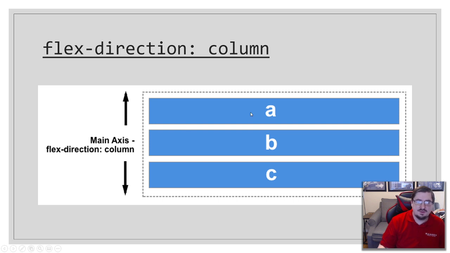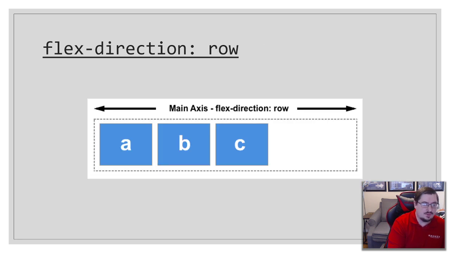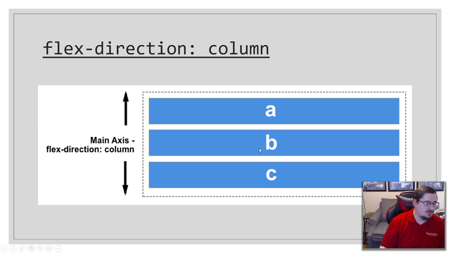But you'll also see in this case that they've been stretched to the full width of the column. Notice that they were not stretched all the way here, at least they don't appear to be. What's actually happening is here they are stretched to the full height, and here they're stretched to the full width.